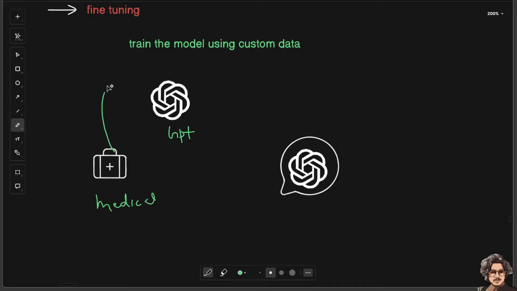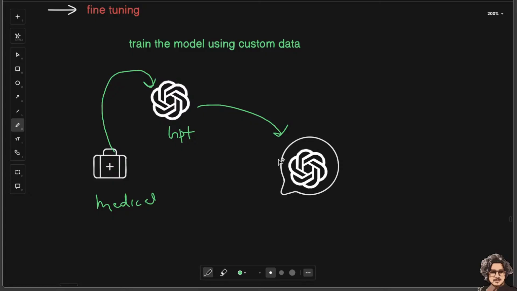When we provide this dataset to the general GPT, it becomes a medical chatbot. This idea is clear. This term is known as fine-tuning: training your model using custom data, so it becomes a new chatbot.